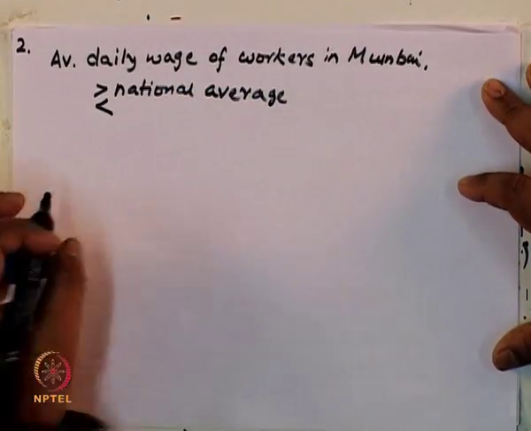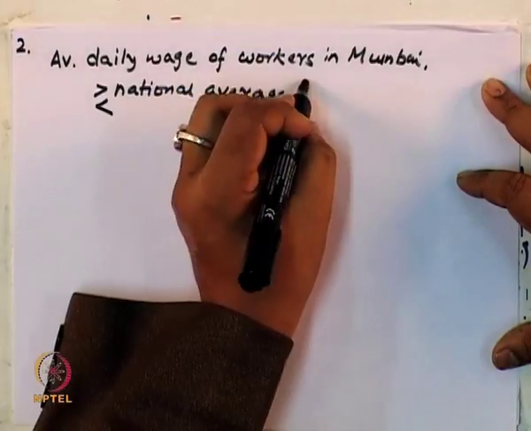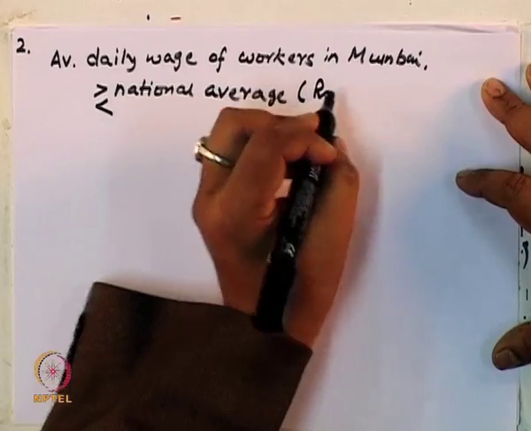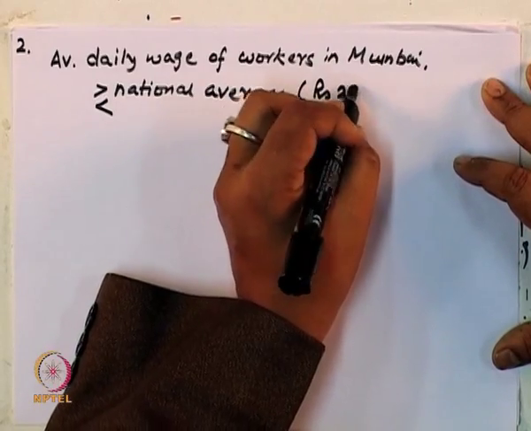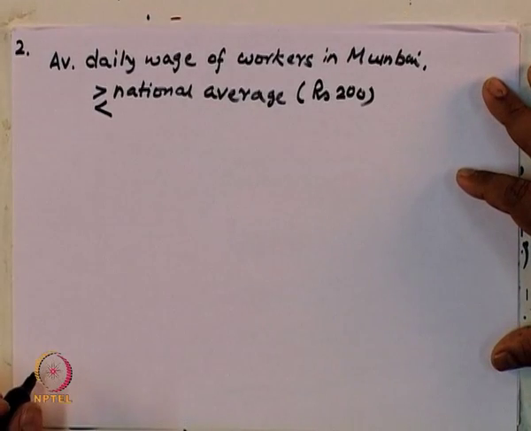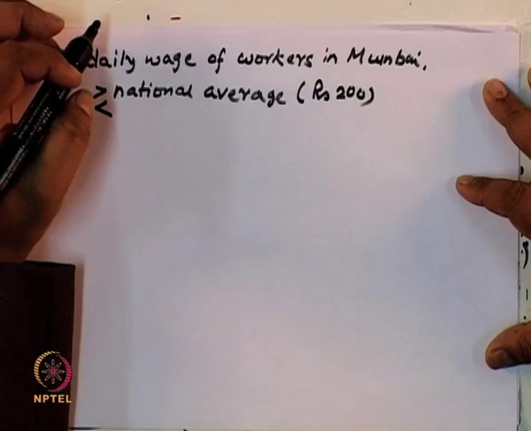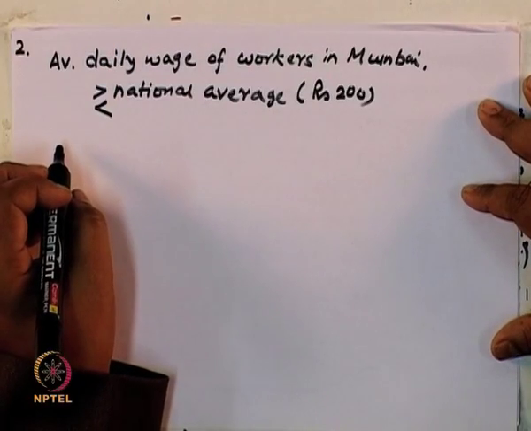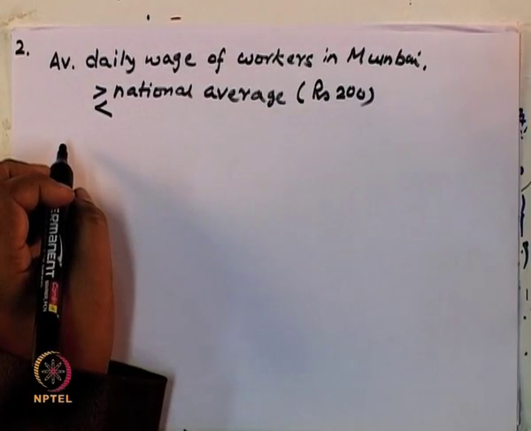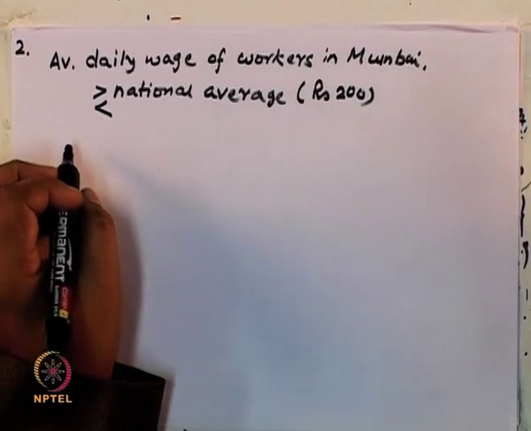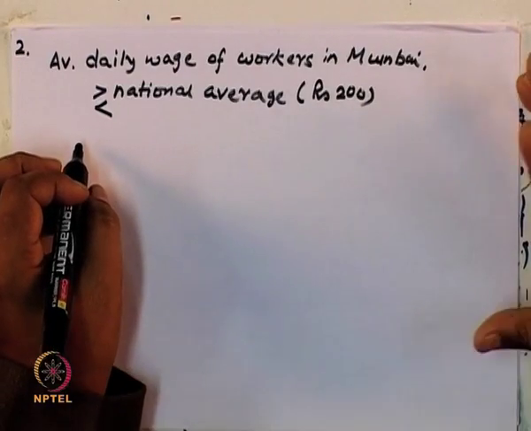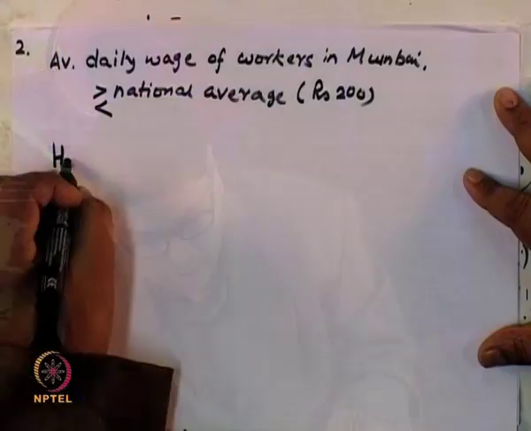You are given that the national average is rupees 200 per day. When you try to prove the alternate hypothesis, it is always easier to do so by proving the null hypothesis is false. So, we always begin with a null hypothesis.